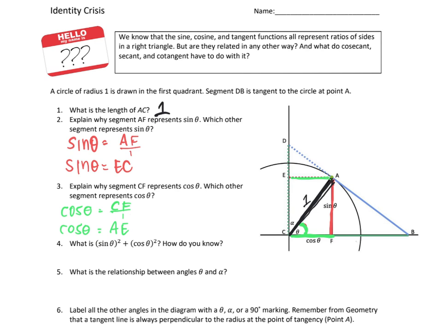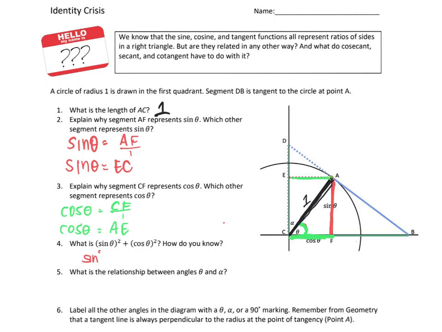Okay, then it says, what is sine squared plus cosine squared? How do you know? Well, sine squared would be AF squared, so this red side squared plus CF squared. Wouldn't that equal the hypotenuse squared, which in this case is 1 squared, and that's 1?